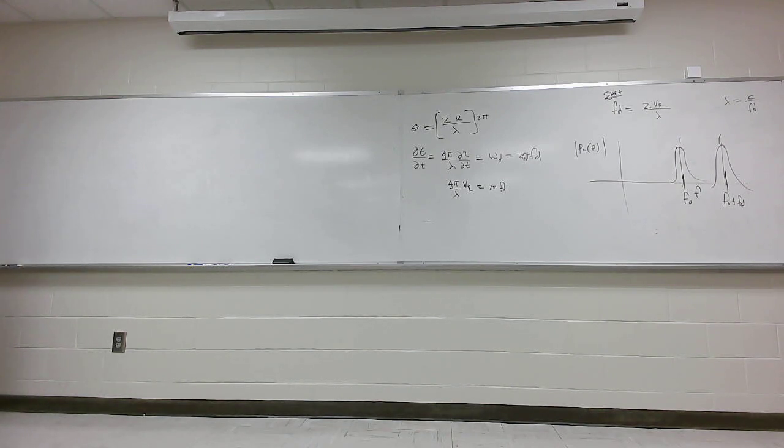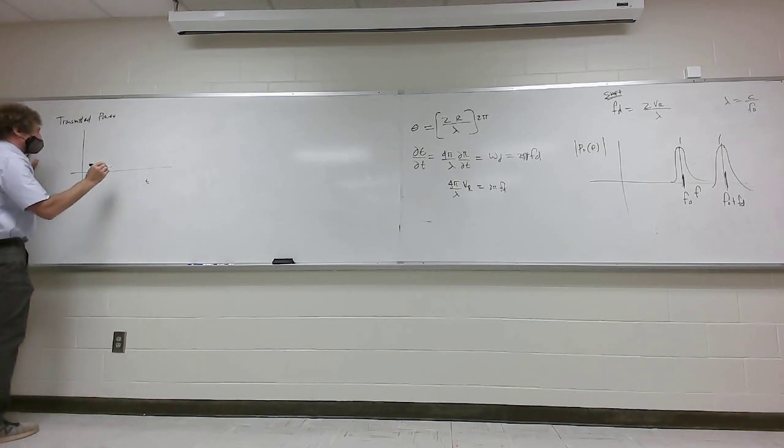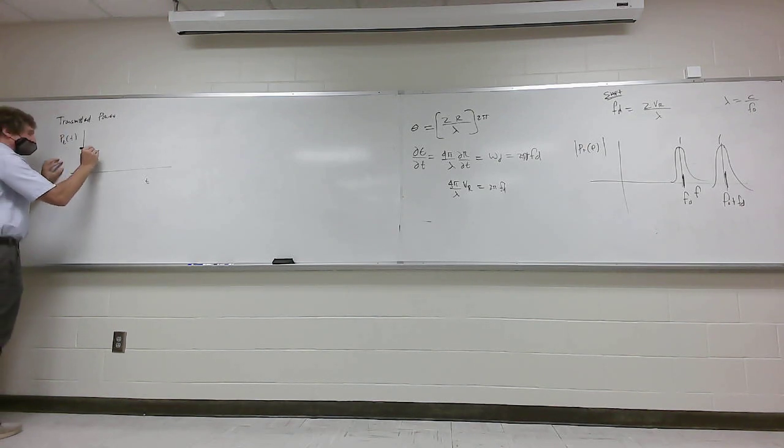And for me to do this justice, I have to show you the timing diagram of a common radar signal. So the transmitted power from a typical radar looks like this. If this is time and this is power transmitted, it will look like this.